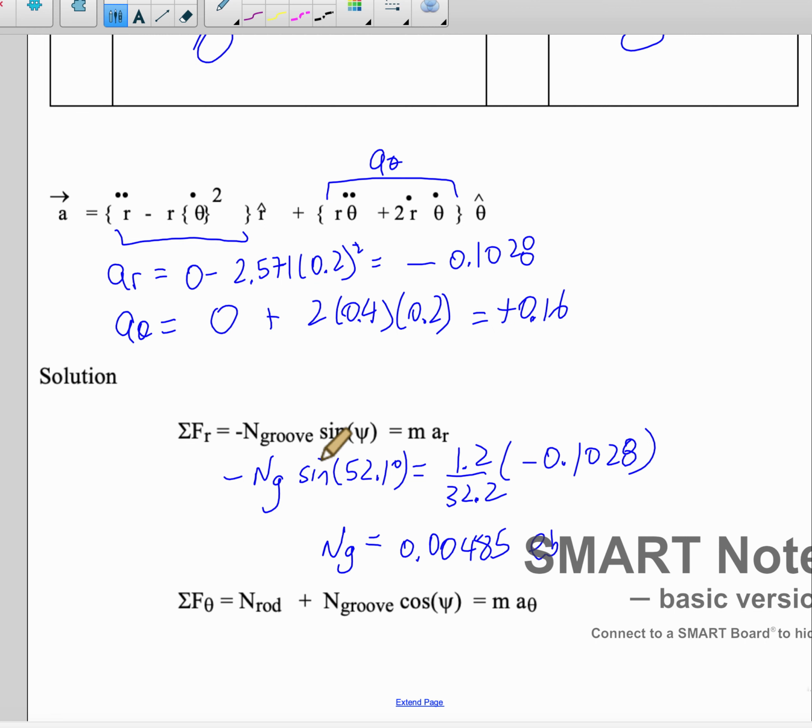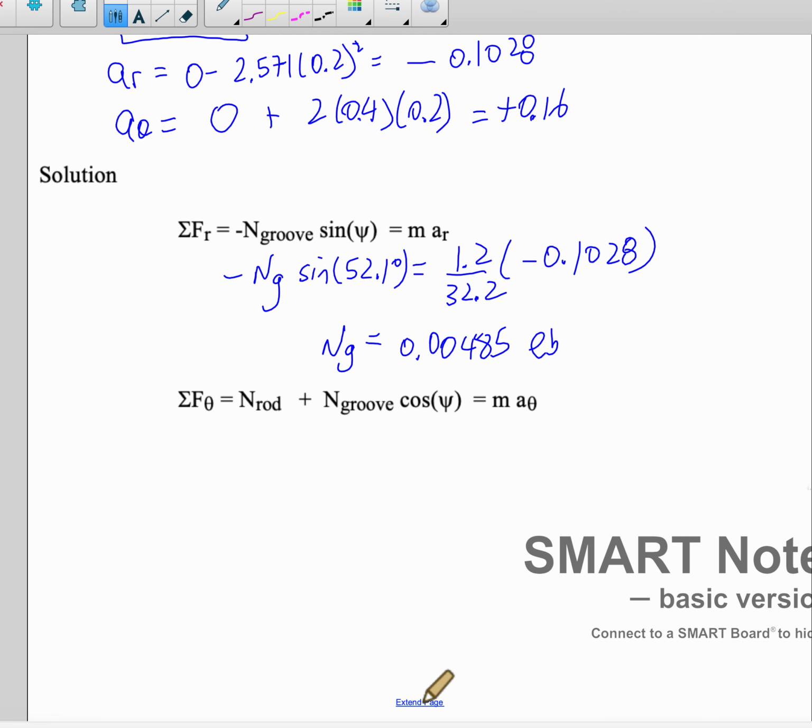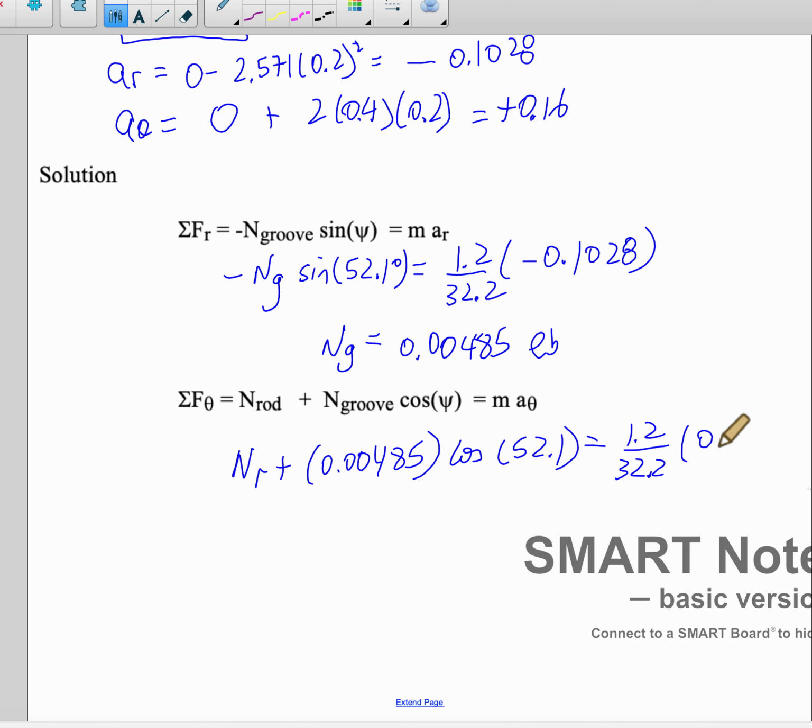Scrolling down a bit. And there you have it, a couple of cylindrical dynamics problems.